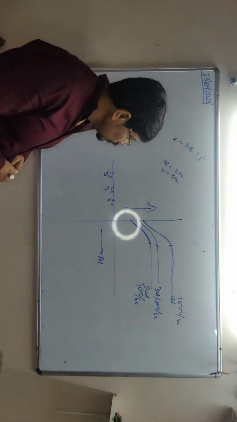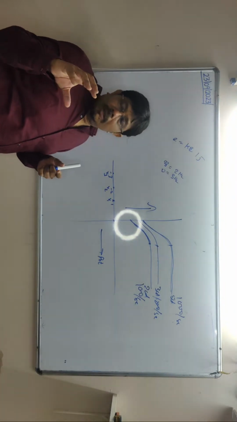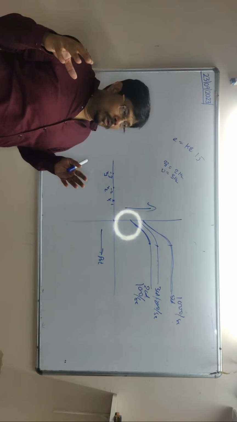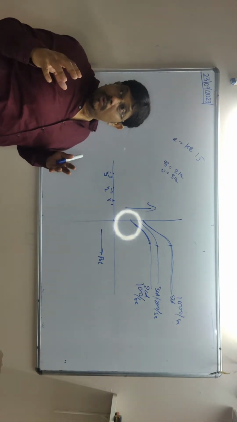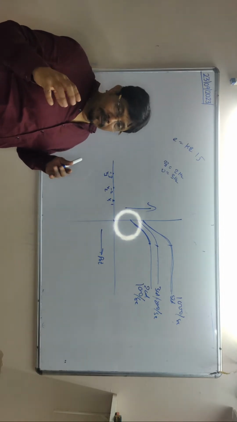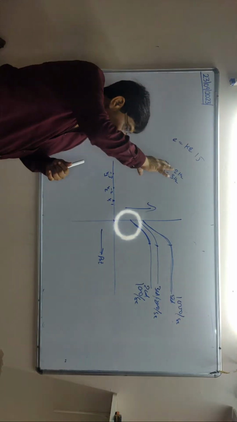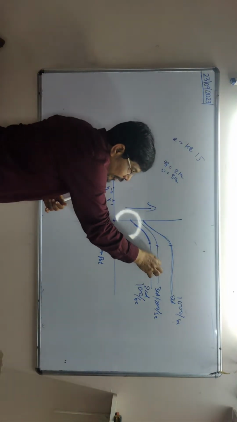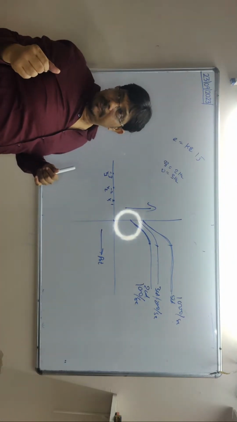So now what will you do? You have to stop the current, and the frequency was this one. Here we have different intensity, we have different current, but the frequency was constant.